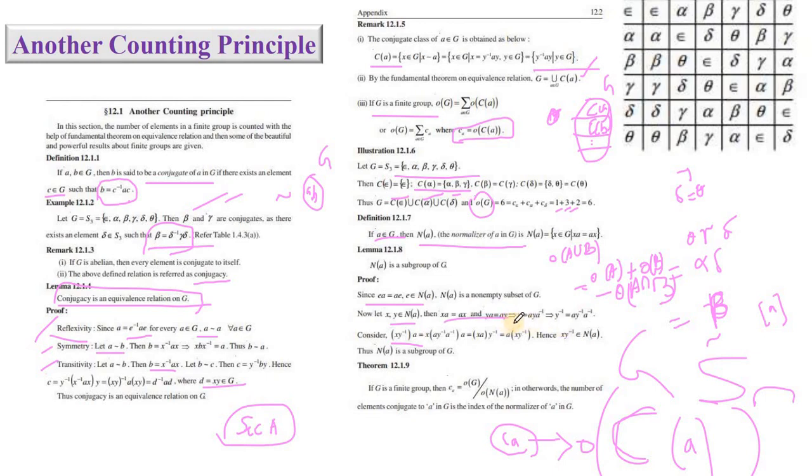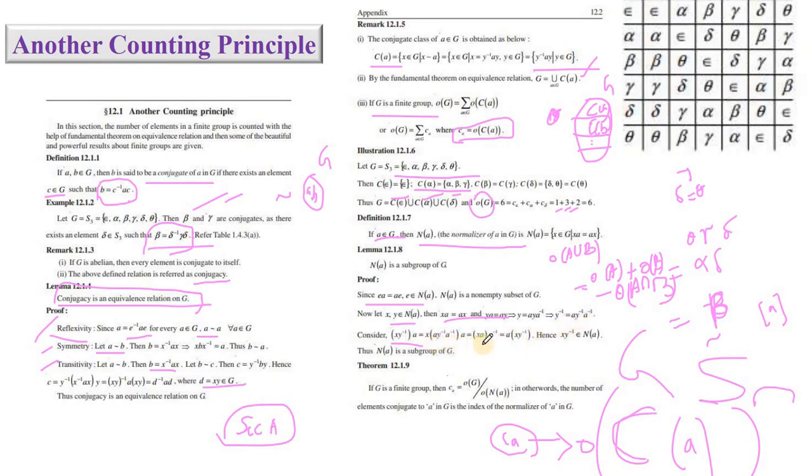So from this we are going to have y as A y A inverse. Therefore y inverse will be this. And substituting, we want to show that x y inverse belongs to N of A, which means x y inverse should commute with A. So you consider x y inverse into A, and you replace your y inverse by this one.